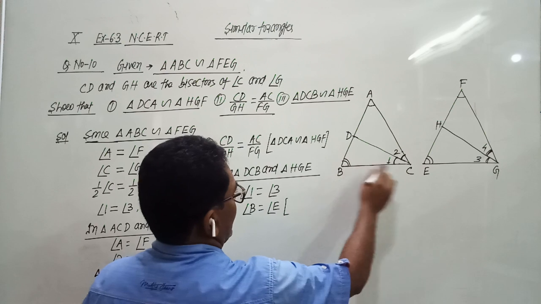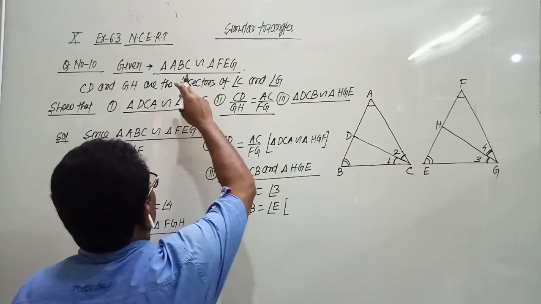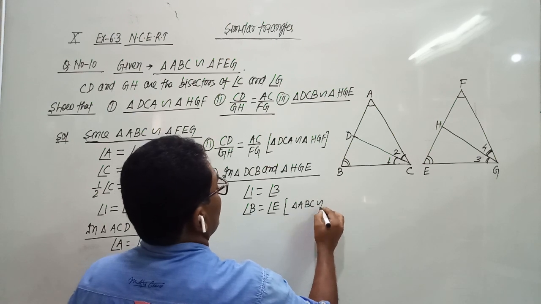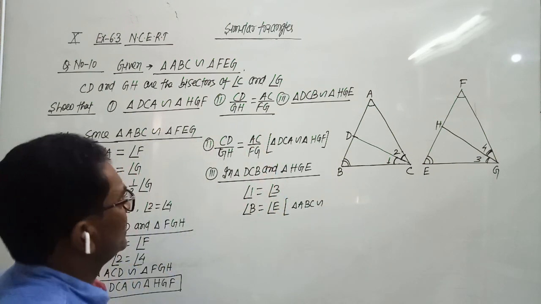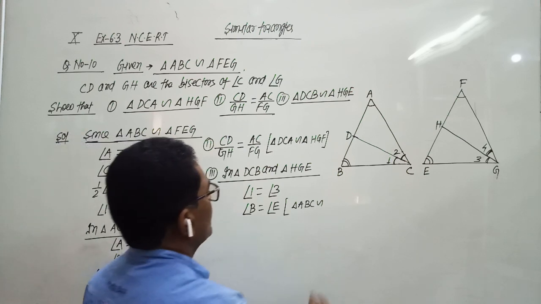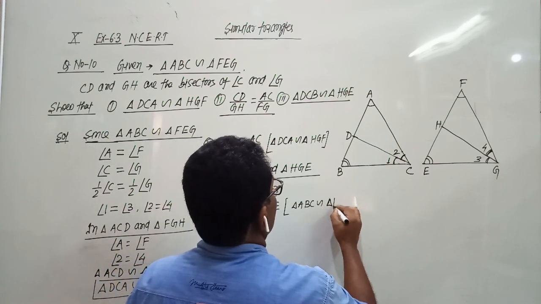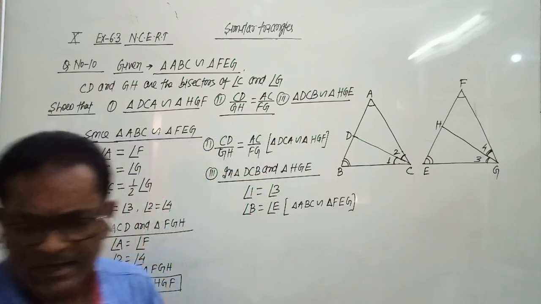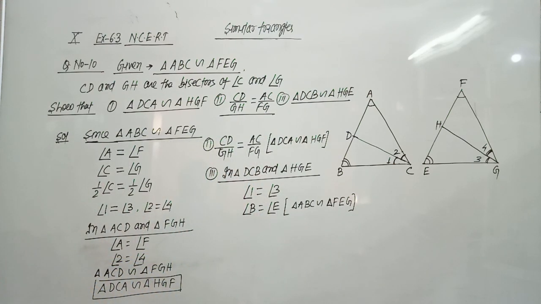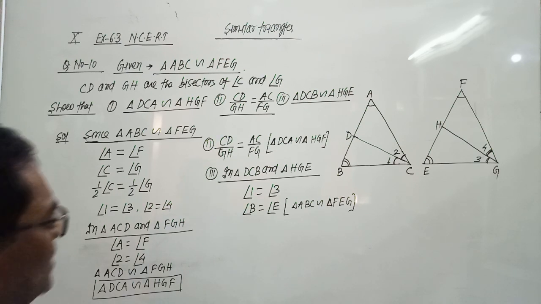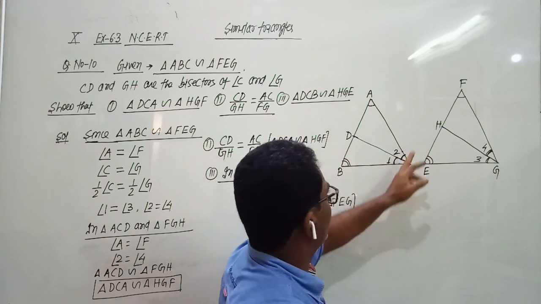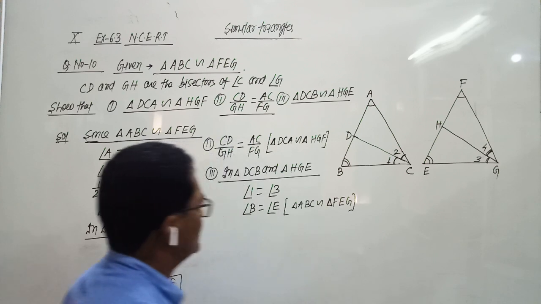Angle B equals angle E because we have given that triangle ABC is similar to triangle FEG. And if two triangles are similar, then they must be equiangular. Their corresponding angles are equal. So angle B and angle E are the corresponding angles of triangle ABC and triangle FEG.